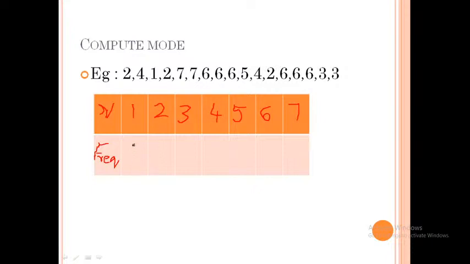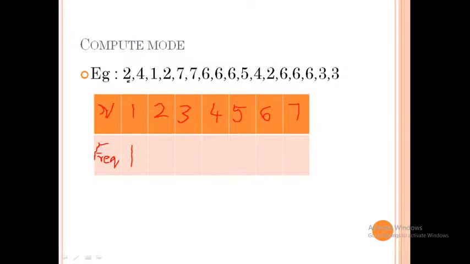The next step is frequency. How many times is the variable 1 repeated? The variable 1 is repeated only one time, so the frequency of variable 1 is 1.